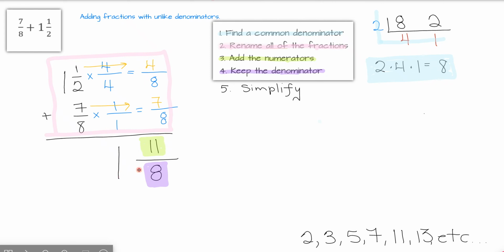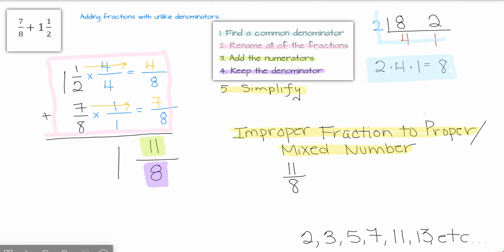And then we're going to look at this step 5 with the simplify. I noticed that 11 is bigger than 8, which means this is an improper fraction. So we need to now go from an improper fraction to a proper fraction. So if I'm taking 11 over 8 into a proper mixed fraction, a mixed number, I simply say how many 8s are in 11. I know there's 1 eight in 11.